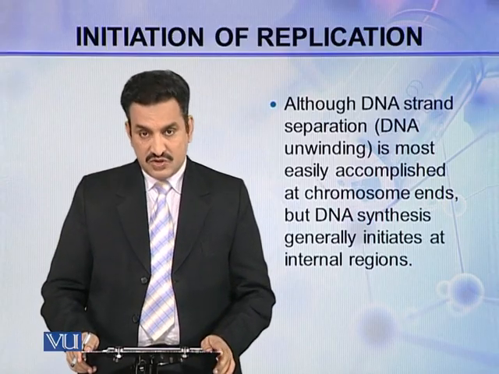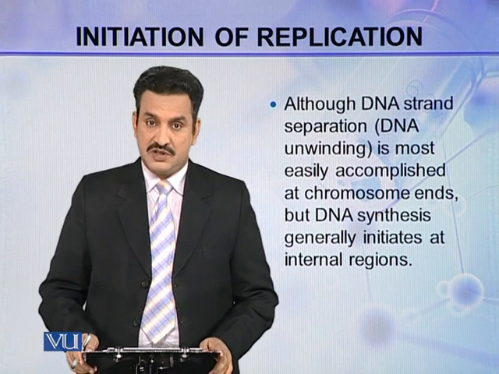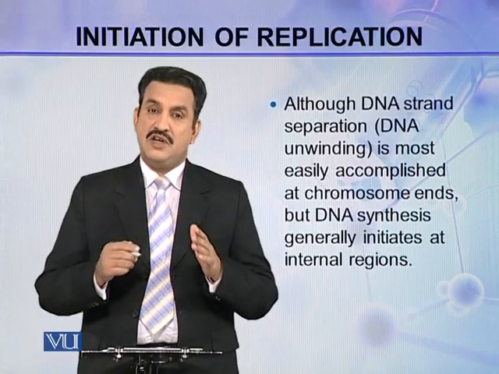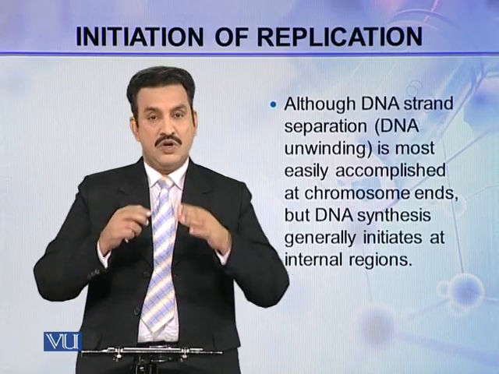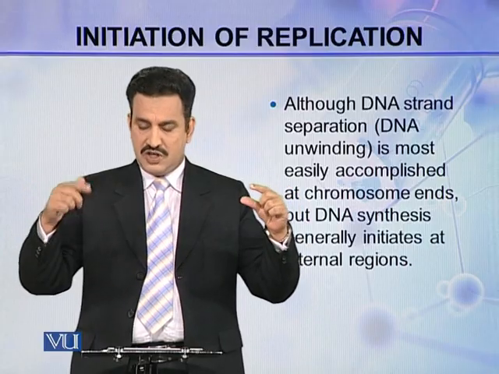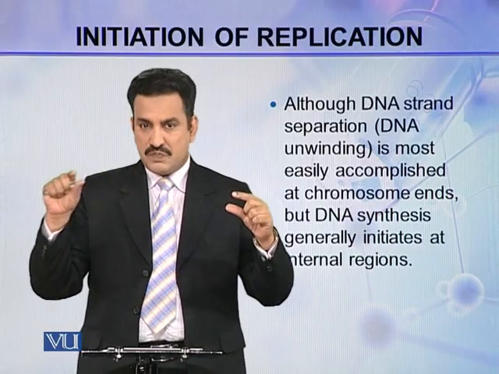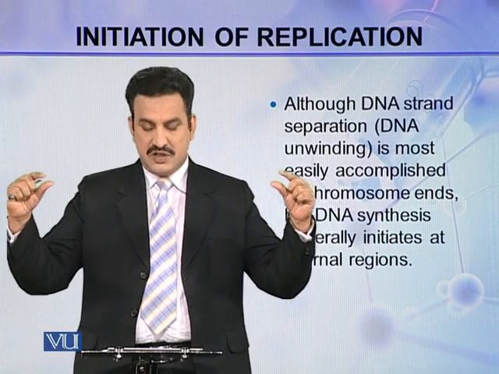But DNA synthesis generally initiates at internal regions. It doesn't start at the end of the chromosome. So if this is a double-stranded DNA contained in a chromosome, replication starts from the regions between these ends.